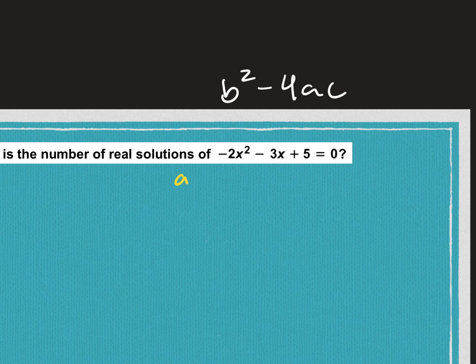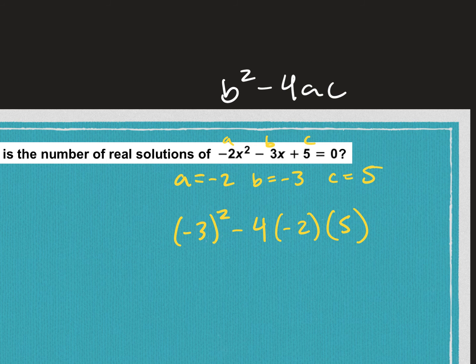All right, so again, our discriminant formula is b squared minus 4ac. So what's A? Negative 2. What's B? Negative 3. And what's C? 5. So we plug it in. So we have negative 3 squared minus 4 times negative 2 times 5. What is negative 3 squared? So negative 3 times negative 3. Positive 9, because the negative times the negative is positive.